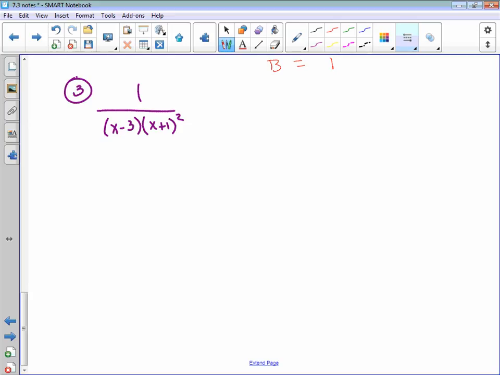Now, the way you write this, you would have a over x minus 3. This is the part that's weird. You will have b over x plus 1 and c over x plus 1 quantity squared. So, if that had been x plus 1 to the 4th, you'd have b over x plus 1, c over x plus 1 squared, d over x plus 1 cubed, and e over x plus 1 to the 4th.